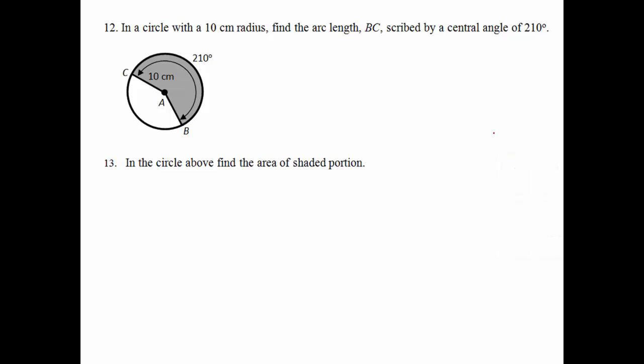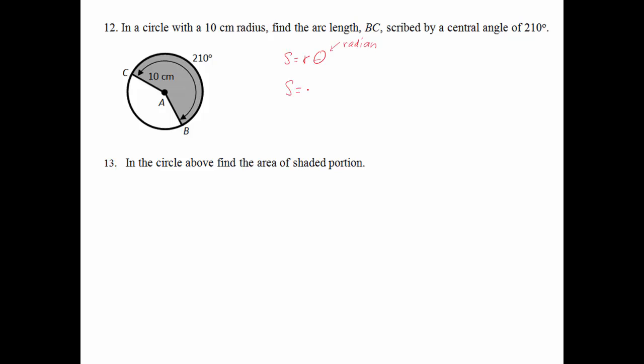Number 12, a circle with a radius of 10 and a central angle of 210. So I want to find the arc length, which I'm going to use S, is r theta. This has been radians, and I don't have radians, so I'm going to convert that.